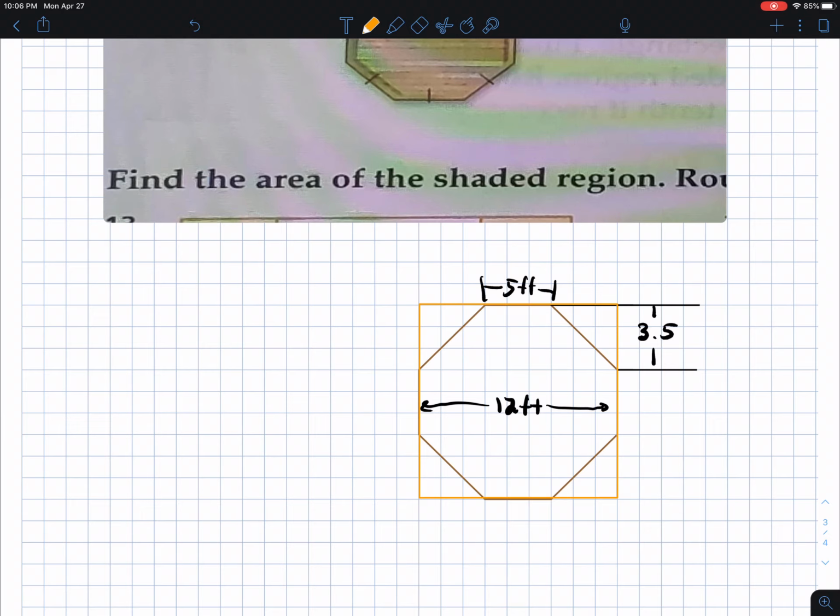Let me see. If across the middle is 12 and that's 5, then there's 7 left over? So that has to be 3.5. So each of those are 3.5. Okay. So if that's 3.5, that's 3.5, and that's 5. Does that make a square?